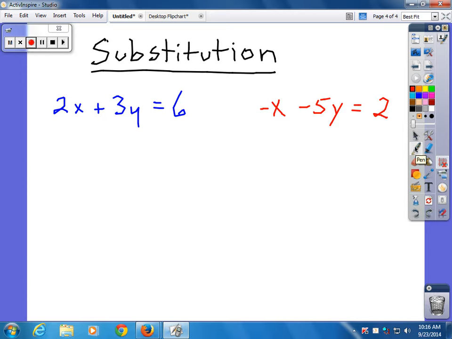Alright, so negative x is equal to 5y plus what? 2. Now, of course, Andy didn't have anything to do with all that. He was straight in there. And x is equal to what? 2.